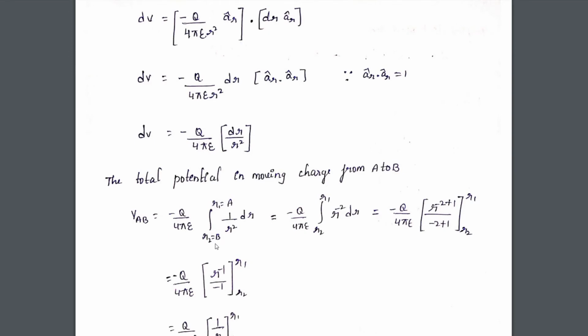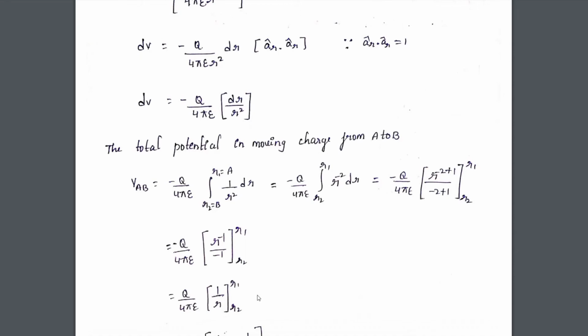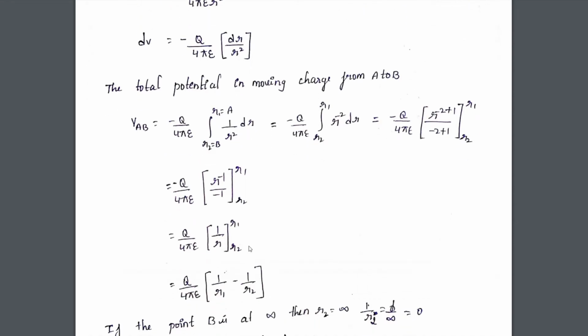So that integral is from B to A, not A to B. Keep in mind, while doing the potential difference, you need to reverse it and integrate. So B distance is R2, A distance is R1. So integrate from R2 to R1. Normal integration you have to do and apply the limits, you'll get VAB, the potential difference expression.